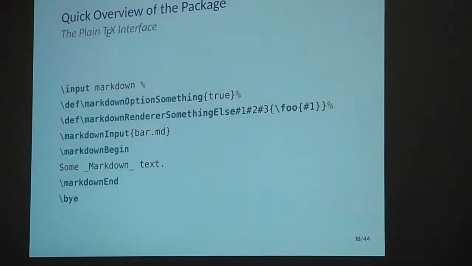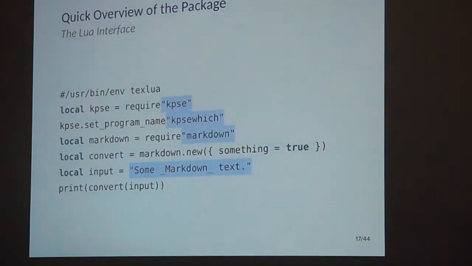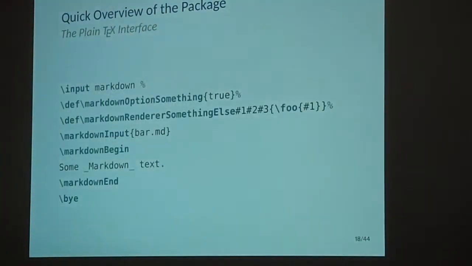I mean, if you use markdownBegin and markdownEnd, then you can't, for example, have a text markdownEnd in the Markdown source. So if you need to really process arbitrary Markdown code, then you need the markdownInput command. But for most users, this is fine, and you don't have to break your source code into multiple files.